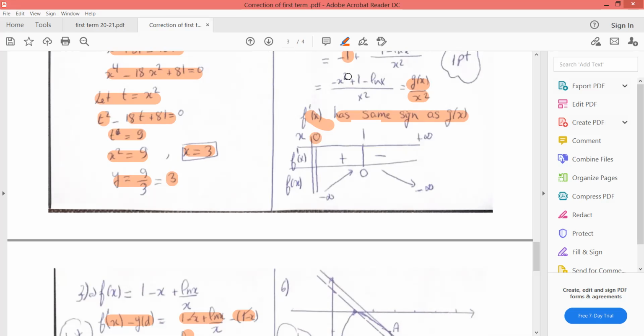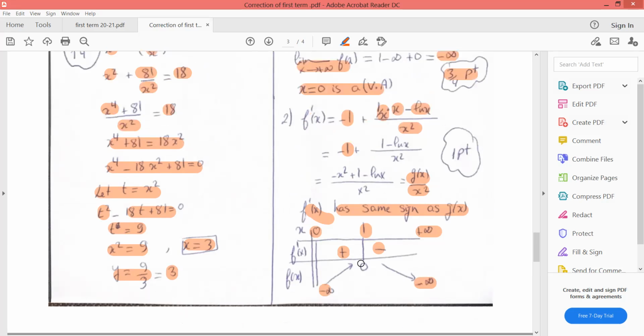Between 0 and 1, g is positive, so f prime is positive. Between 1 and plus infinity, g is negative, so f prime is negative. Then at 0 we get minus infinity. At plus infinity also we get minus infinity. And f of 1, we replace it in the function, we get 0.